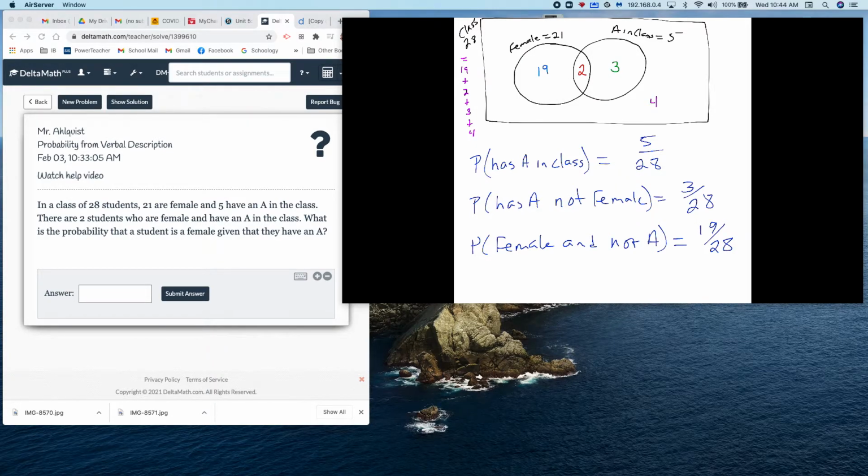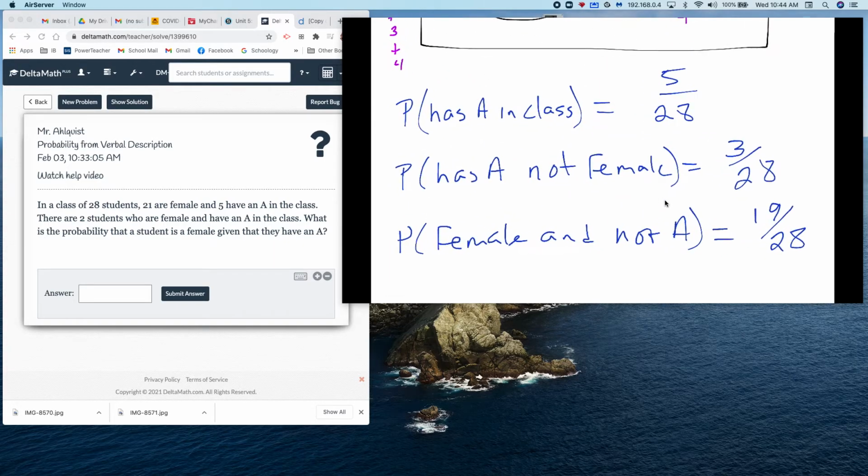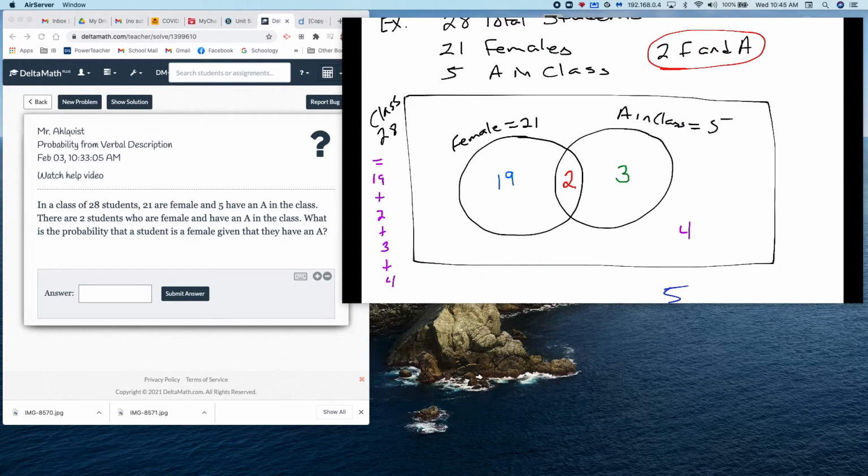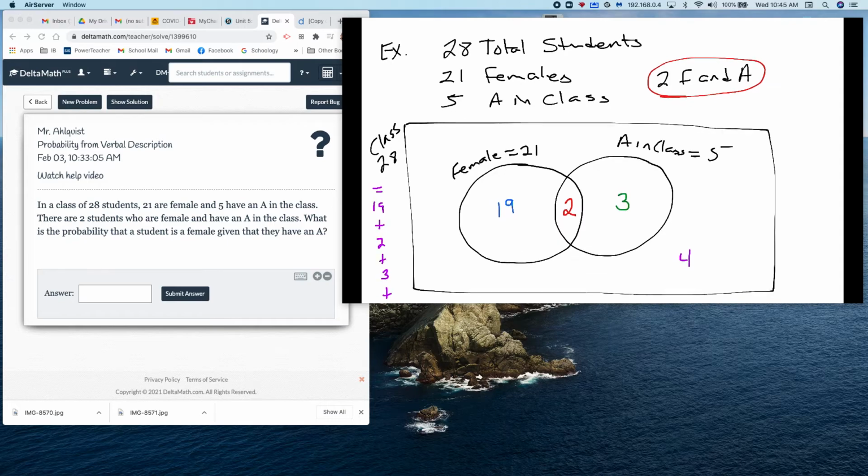So that's how we're going to look at these probabilities with this Venn diagram, where we can cover up and get all of the things that might happen in here.